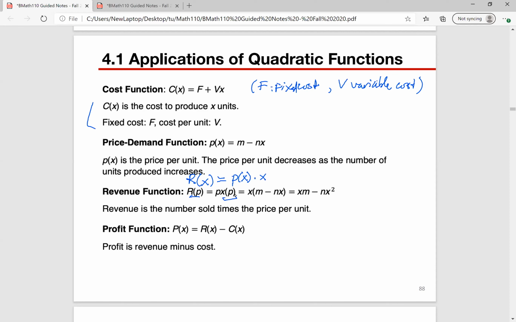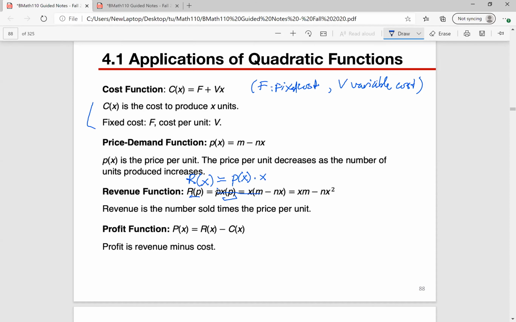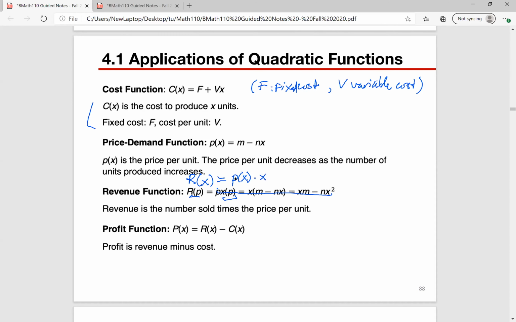So then you're gonna have x times M minus Nx. Actually, this is not a correct one. So they mean that they are using revenue in terms of x.